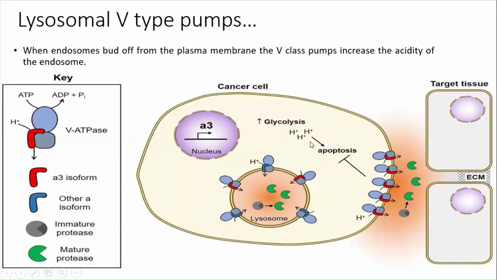Clear? Now let's take the example of a cancer cell. So these are your V type pumps present here, the H plus ones. Now what do we see here? What do you understand from the figure?